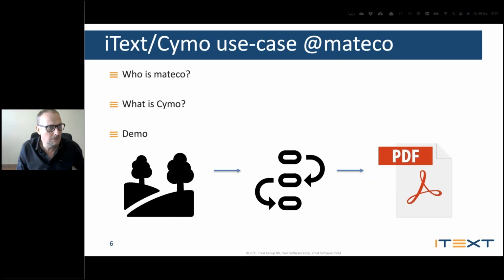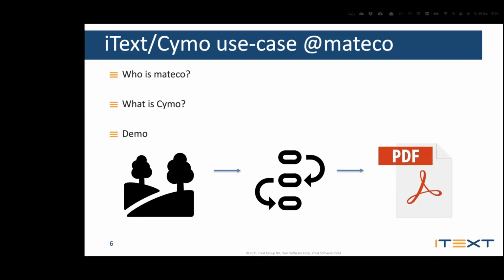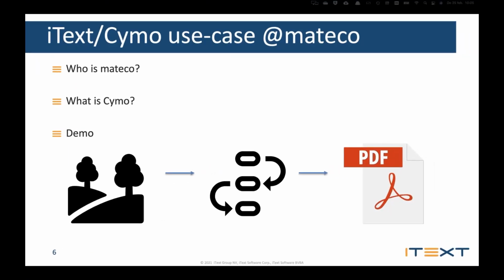Okay, hello everyone. Welcome to the webinar. I want to take the time to tell you something about PDF generation in cooperation with iText. We'll go over what we did with our customer Mateco. Who exactly is Mateco?